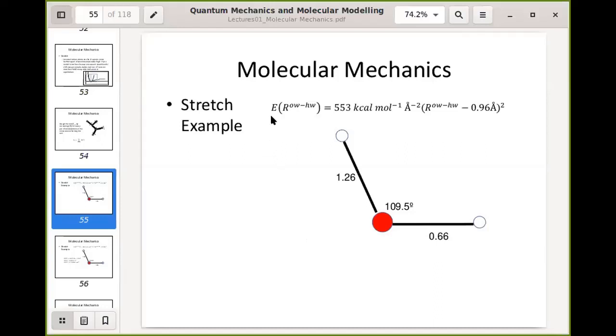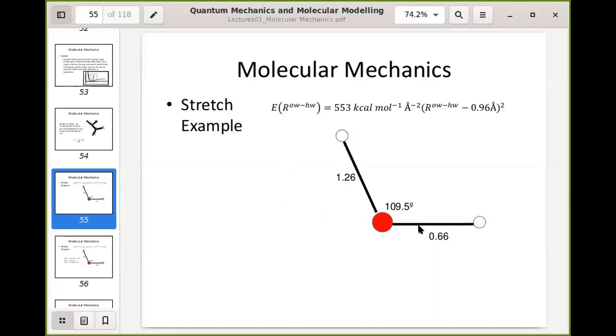If you have a look at parameters that are available for an OH bond, I've managed to get out some parameters, and the K for an OH bond is 553, and R naught for an OH bond is 0.96 angstroms. So you can tell immediately that if you wanted this to be 0, you would have to make this bond distance be exactly 0.96 angstroms. If it was exactly at an equilibrium bond distance, this term would then come to 0 and your energy would come to 0.